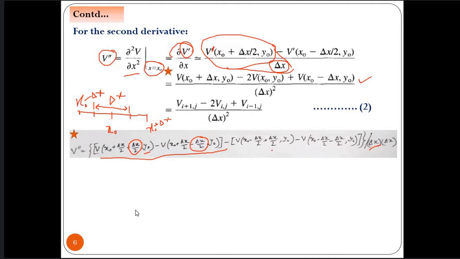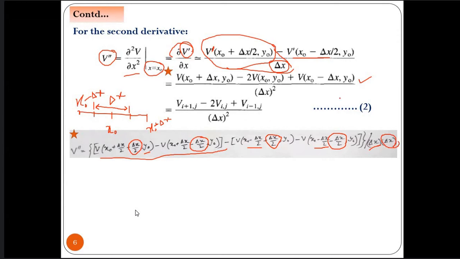Now for the second term, it is v dash of x0 minus del x by 2. Move the right hand side by plus del x by 2. There is no variation along y, since we are finding the derivative with respect to x. Then move the left hand side by del x by 2, so you have x0 minus del x by 2 minus del x by 2 comma y0. For the second one, there will be another del x term, so there will be del x square.